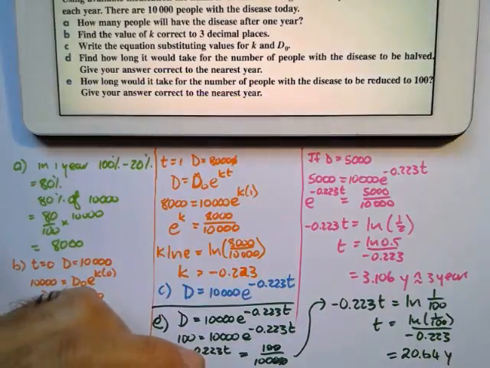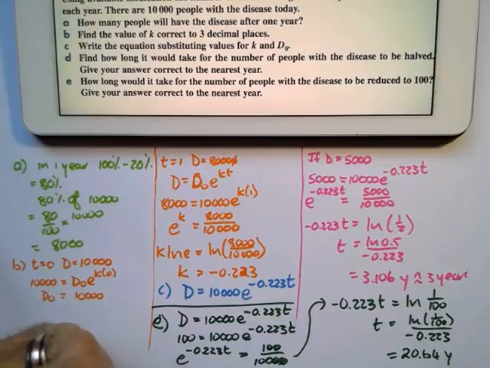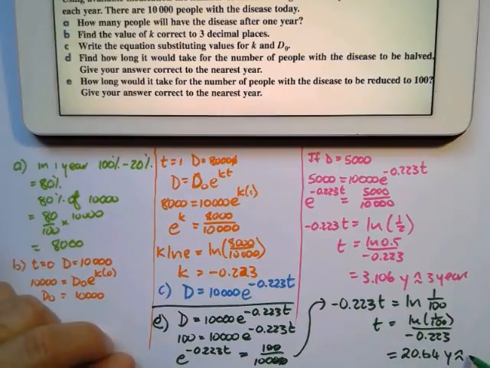How long will it take the number of people to reduce to 100? Now, in 20.64 years, there will be 100. Give your answer correct to the nearest year. It will take 21 years for them to be reduced to 100. So the answer is 21 years.